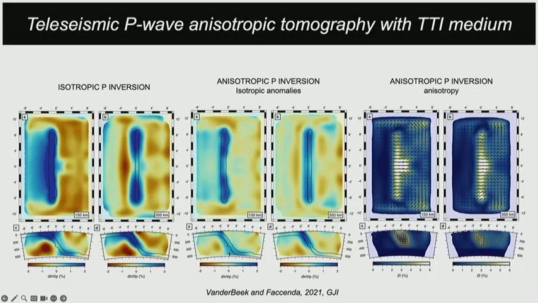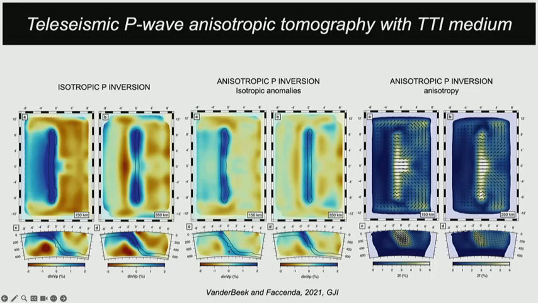You can see that now the artifacts are strongly attenuated. Here we are using only teleseismic phases, no? And the fact is that we are sampling the slow direction instead of the other direction, and that's why you get these low velocity anomalies.